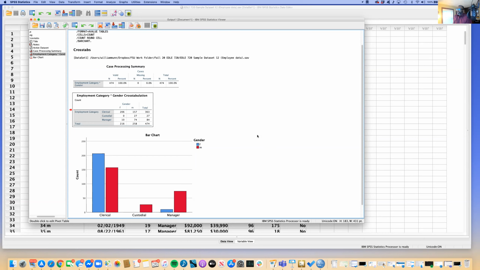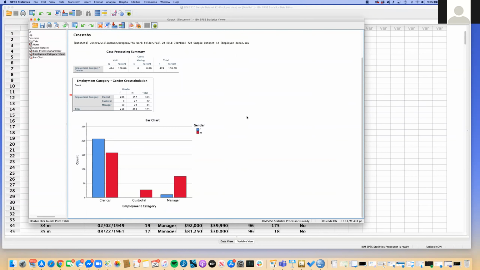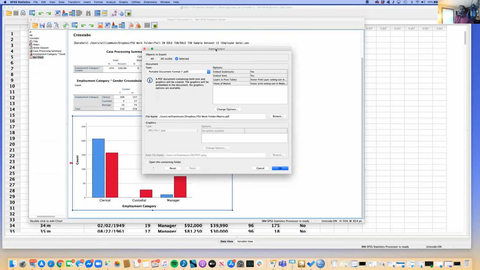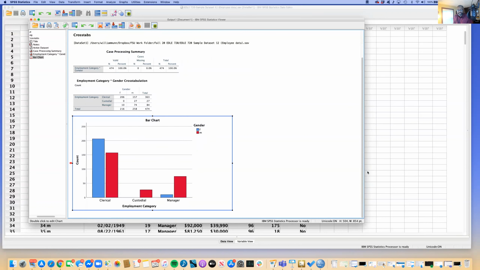What does it tell us about leadership in the company? That more men are managers and women do the clerical work. That's right. And we see it here in the bar chart. This would be an incredible piece that you could copy as an image or export out to your Word document and put it directly into your dissertation or paper or journal article that you're writing.